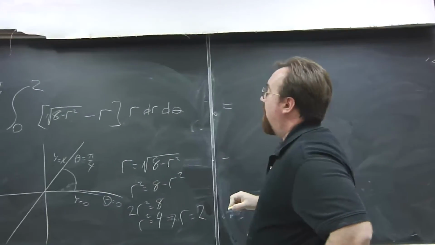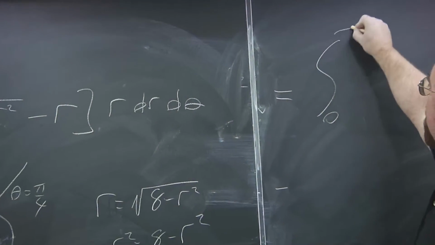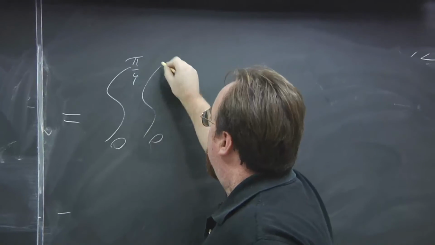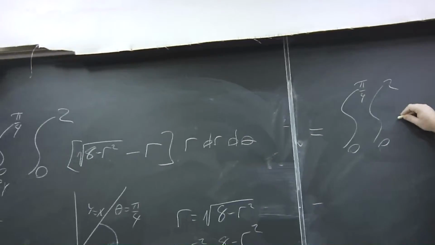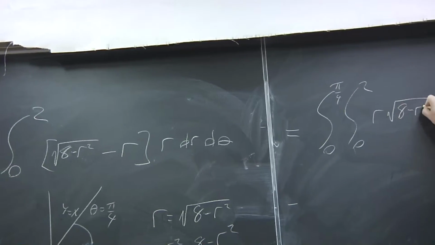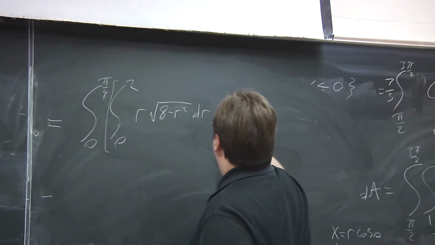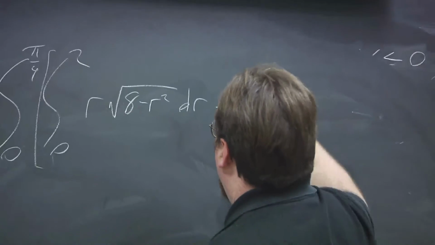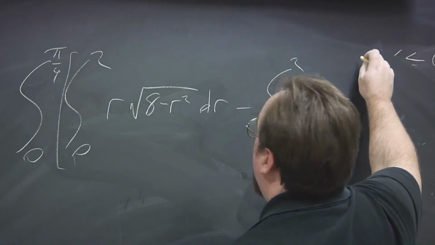Now, I'm going to break this up into two terms. So we're going to have the integral of r square root of 8 minus r squared dr, minus the integral from 0 to 2 of r squared dr.